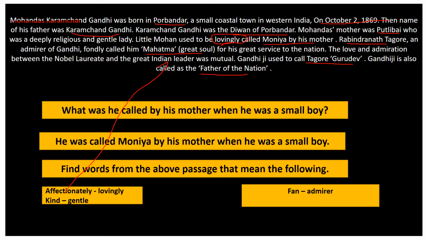We know kind lady, gentle lady. Then fan, I'm a fan of this person, that is admirer. You are an admirer of that person, it means that you are a fan of that person. So in this manner you can find synonyms and antonyms and the various answers of the questions.